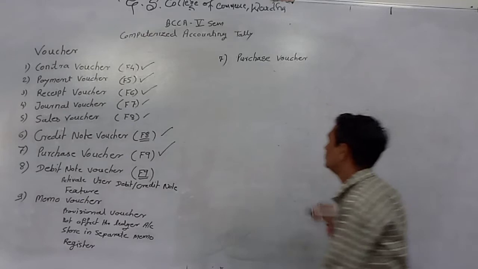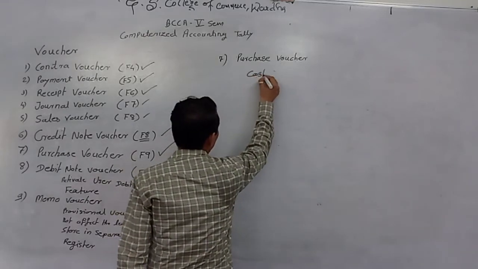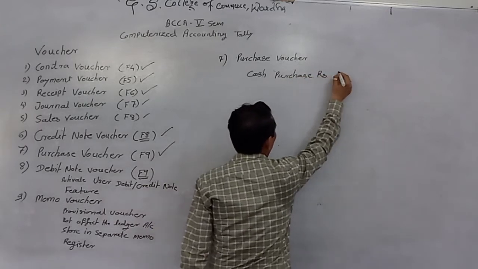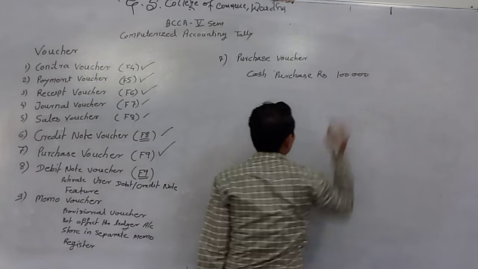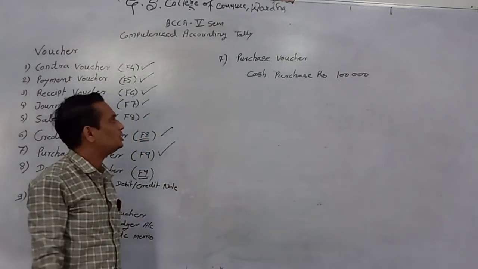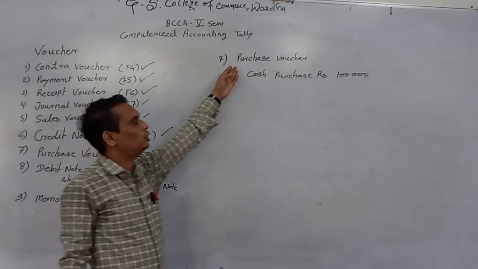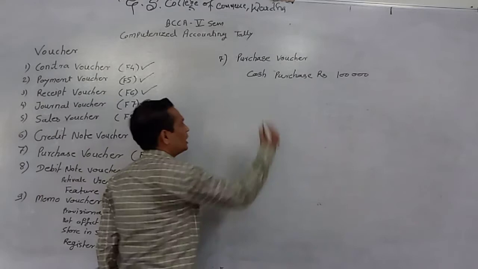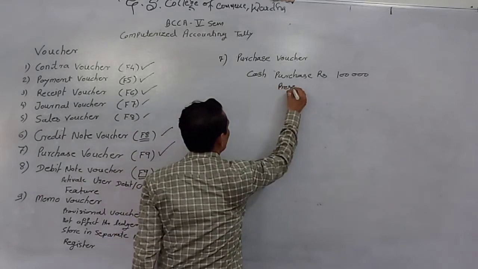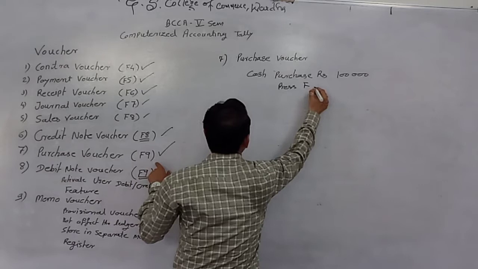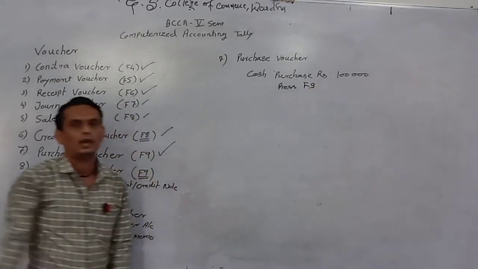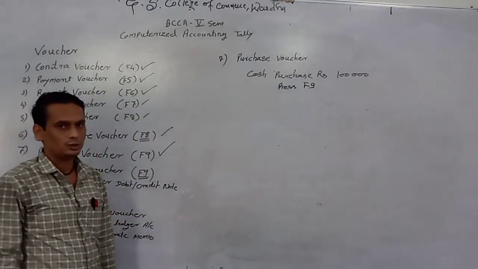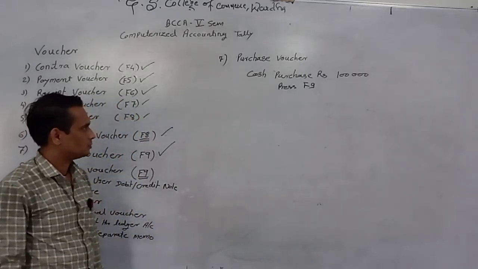For example, cash purchase of rupees 1 lakh. This transaction can be recorded into the purchase voucher entry. For that, press the F9 function key, which is for recording a purchase transaction in the purchase voucher.